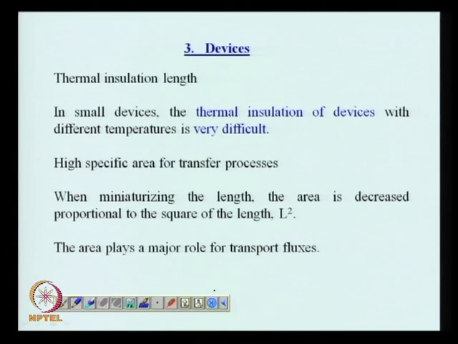Now, what are the other factors that one needs to look at while thinking about or making such devices? One is definitely going to be the thermal insulation length.